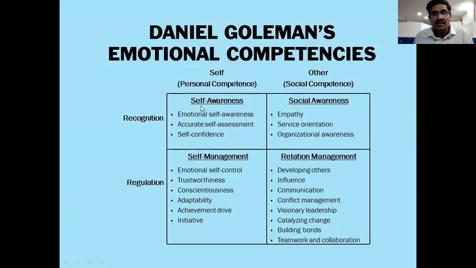So here we need to develop and identify ourselves. That is called self-awareness. So emotional self-awareness simply means knowing our emotions. What are the different types of emotions you have or I have, right? Identify and recognize our emotions.